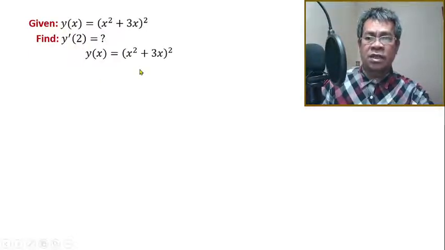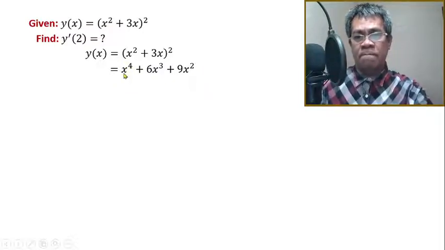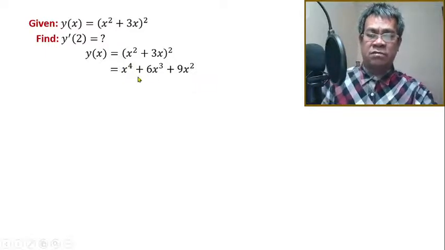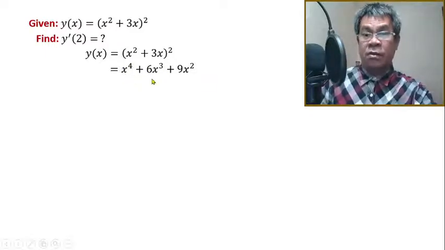So we expand first before differentiating. Then we use the sum rule to obtain the derivative of each term individually, using the power rule and the constant multiple rule.